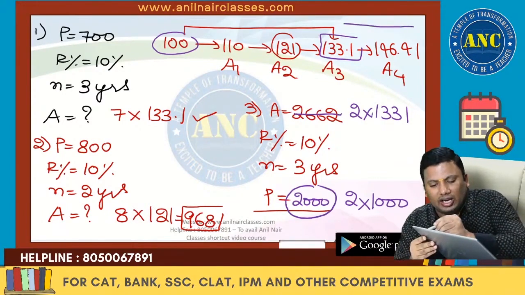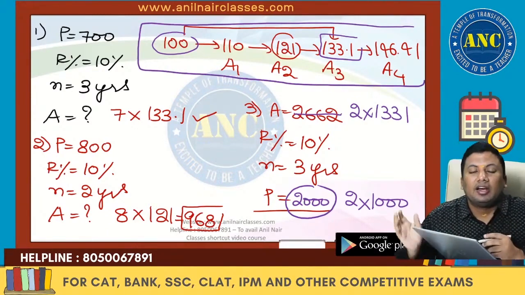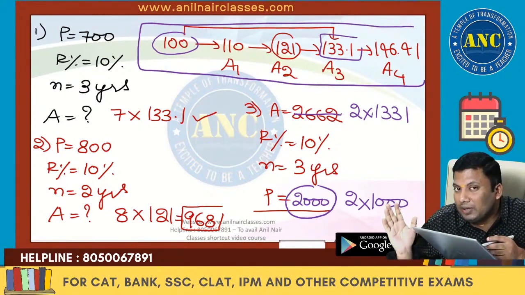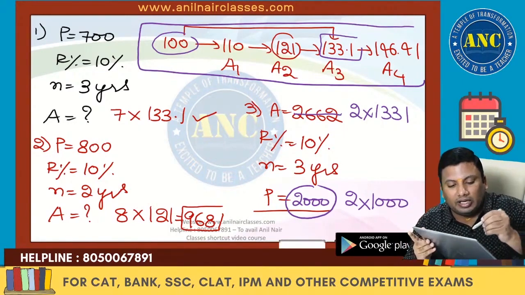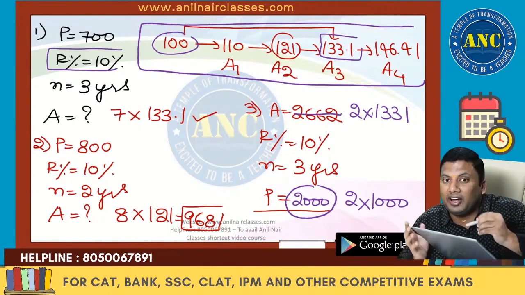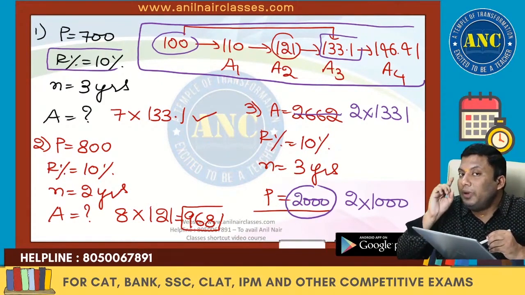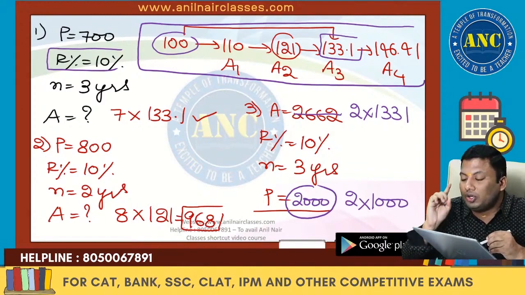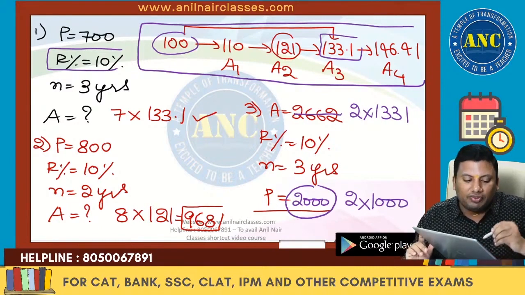Any series where you get the amounts in this pattern, 121, 133.1, immediately it should strike you that R is nothing but 10 percentage. If you find any values in your questions where the amounts are behaving like 110, 121, 133.1, 146.41, then you can use this concept.